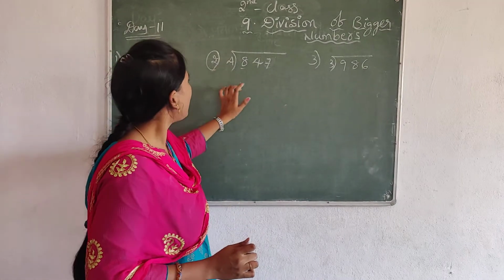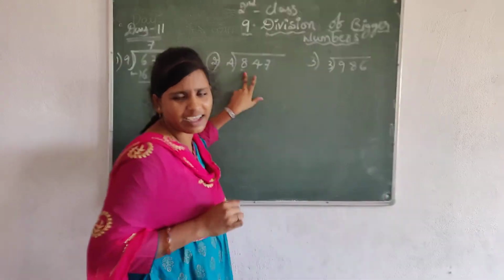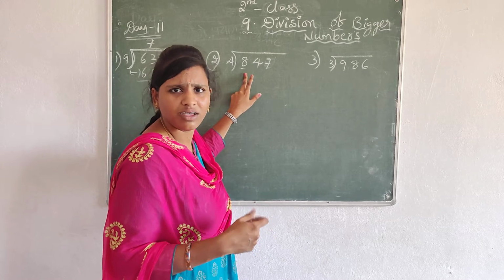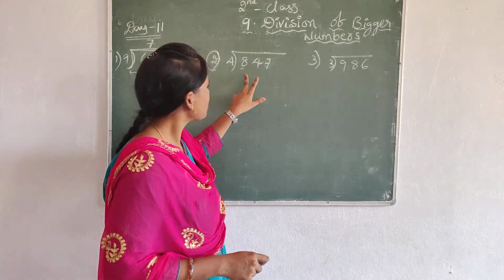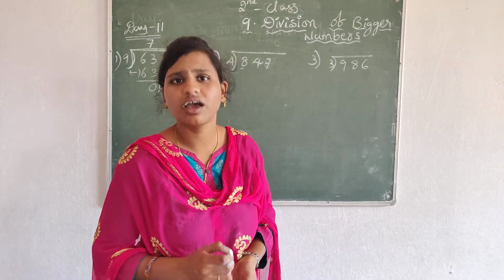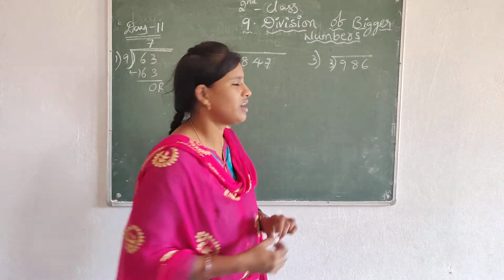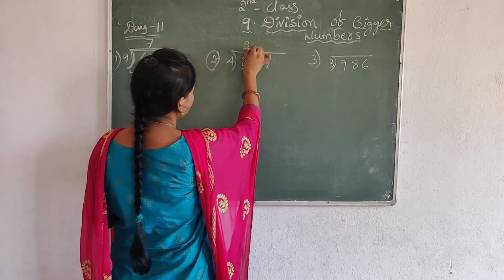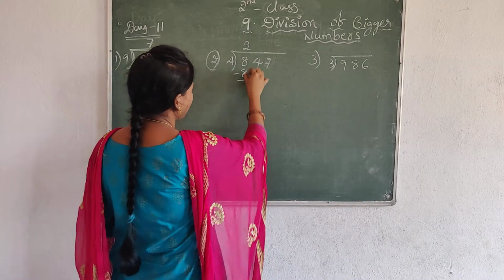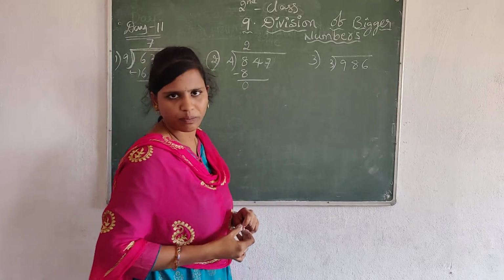So this 4 either exactly cancels the 8 or the numbers below will cancel, right? So see here, 4 is cancelled in 8. How many times? 2 times. So write 2 here and 8 here. Next, take a subtraction, write the 0.